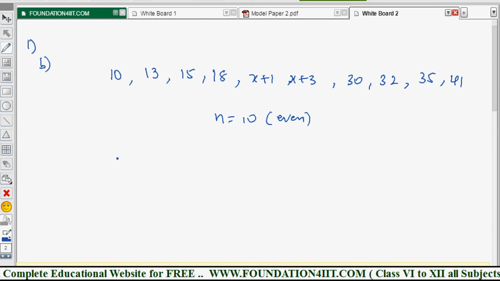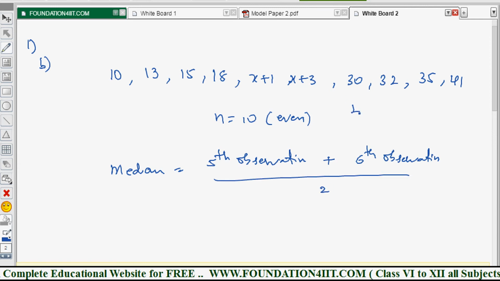Whenever n is even, you can use the formula for the median. The median is equal to half of the n by 2 observation, that means the fifth observation, plus the sixth observation, divided by 2.